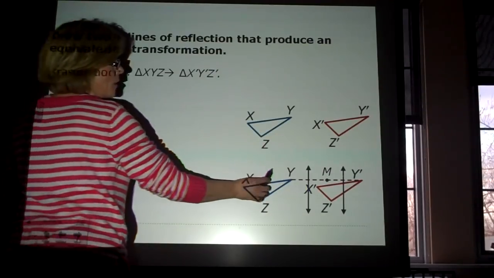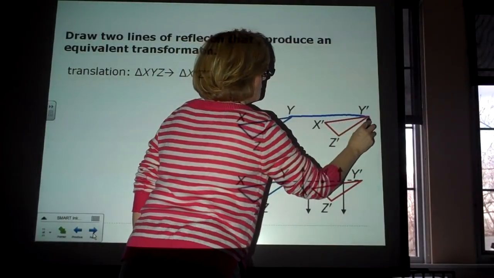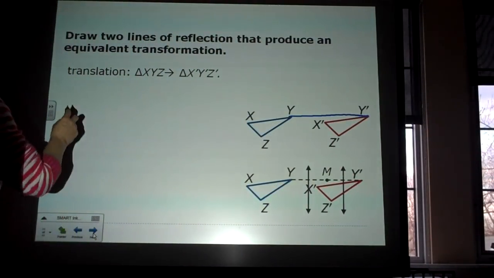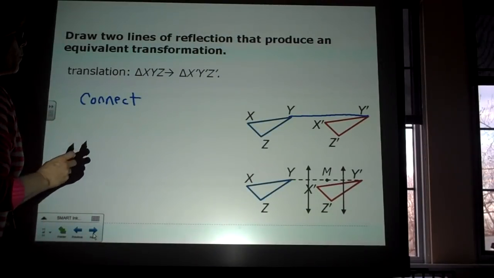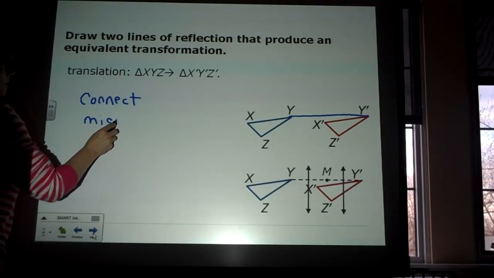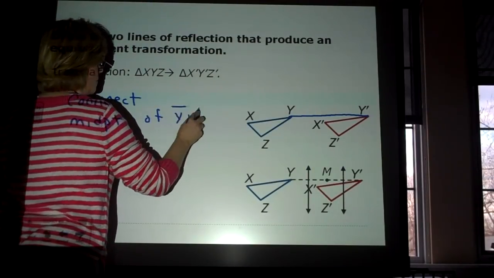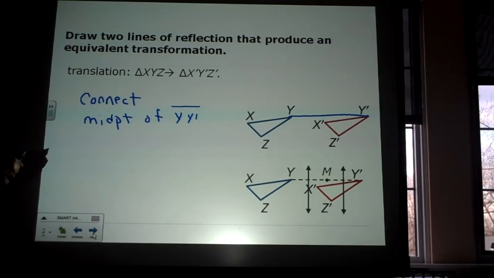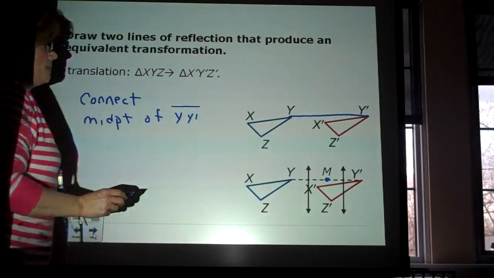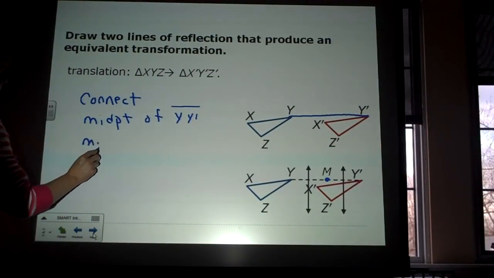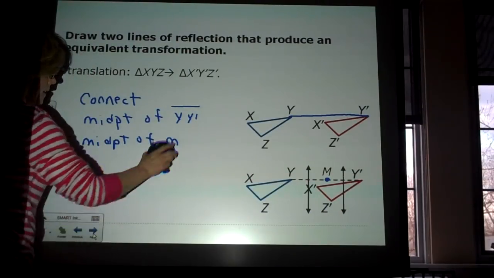I'm going to use vertex Y and Y'. Okay, so I'm going to connect them. Alright, so first connect them after you pick any two. Then what I'm going to do is take the midpoint of that segment YY', okay? So that's what this point right here is, M. Then I'm going to take the midpoint of segment YM.